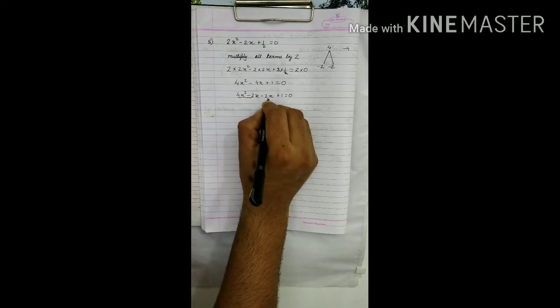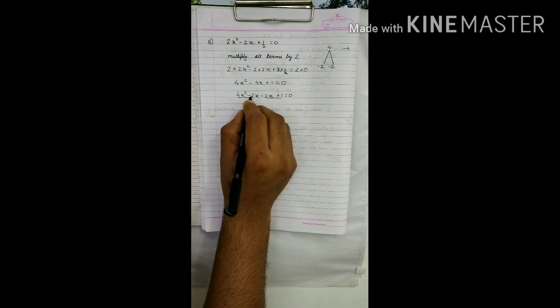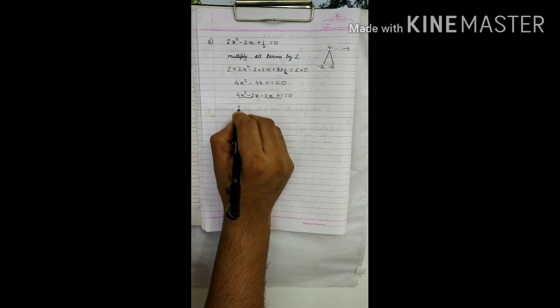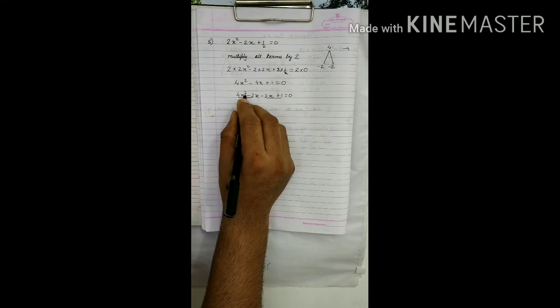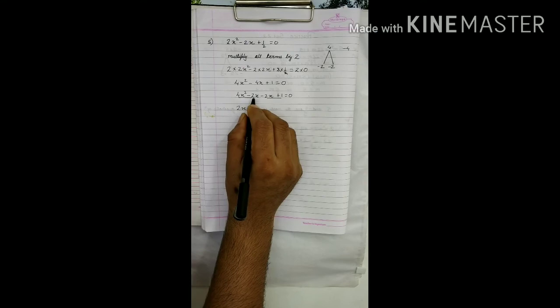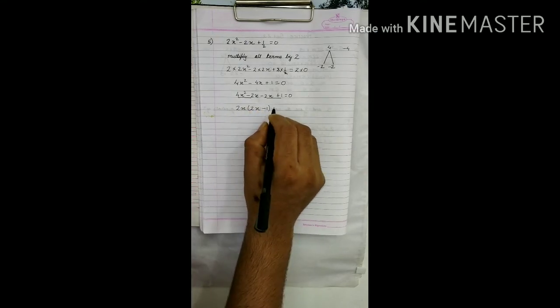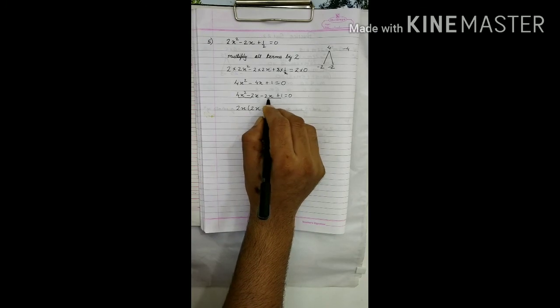I make the combination of these two terms. So from here I can take 2 and x common from these two. So I get 2x. If I take 2x common, out of 4 2 has gone, so 2 is remaining. Out of 2x 1 has gone, so 1 will be remaining. This 2x fully has gone outside, so minus 1 will remain. Now here nothing can be taken out common.